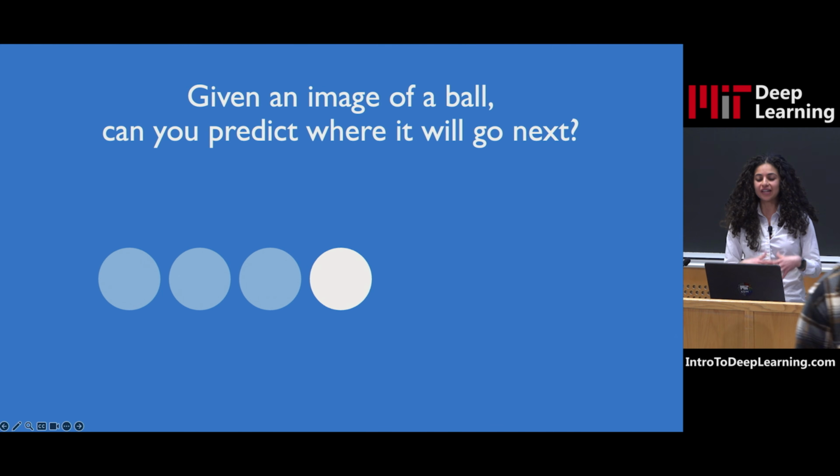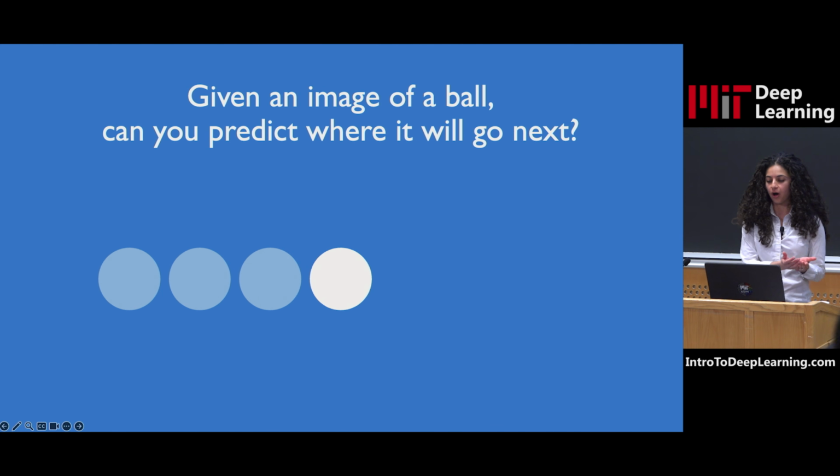Instead, if in addition to the current location of the ball, I gave you some information about its history, say its prior locations, now your problem becomes much easier. Effectively, the task is reduced to, given this past history about the ball, predict where it's going to go next. And I think we can all agree that in this example, the ball appears to be moving from left to right. So this is what we mean when we think about sequence modeling.